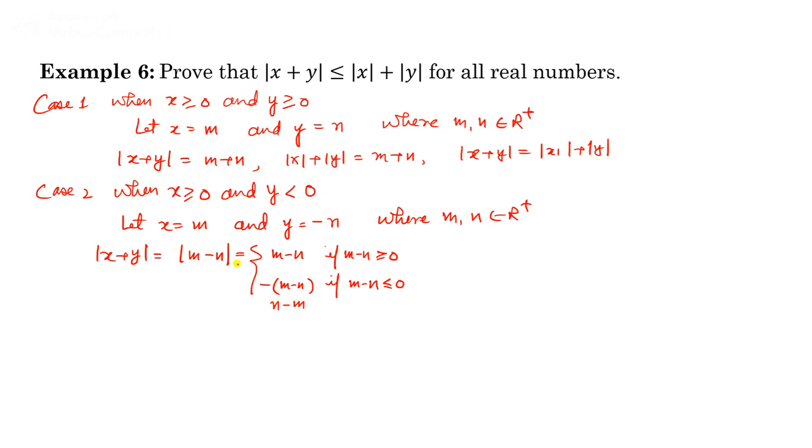So you know there is a definition of modulus x. Modulus x is defined as x if x is greater than or equal to 0, minus x if x is less than or equal to 0.